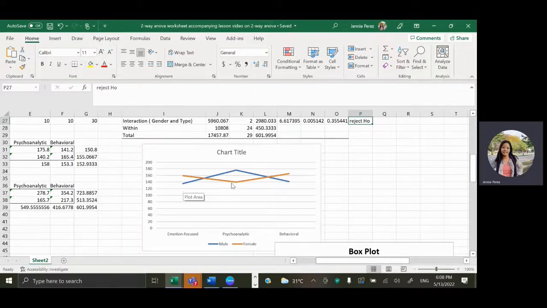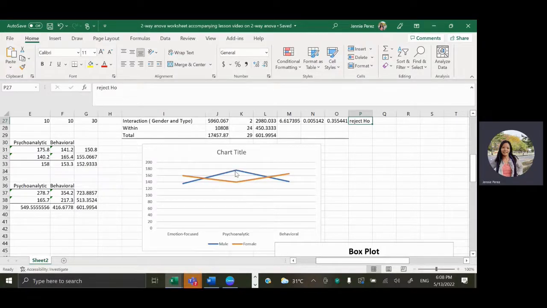However, when it comes to the use of psychoanalytic type of counseling, we can see that there is a big gap in grief scores between clients who received counseling from a female counselor and those who received counseling from a male counselor.